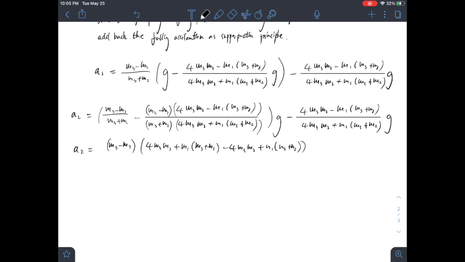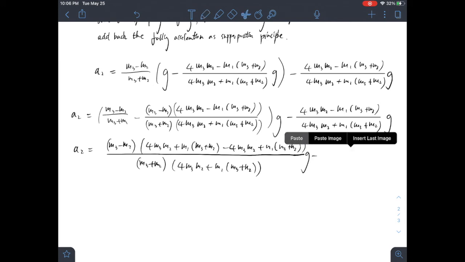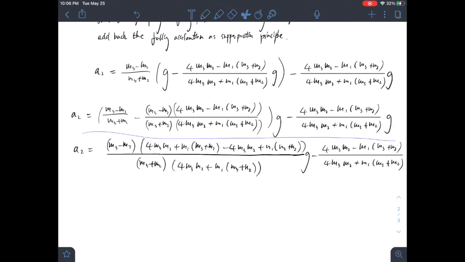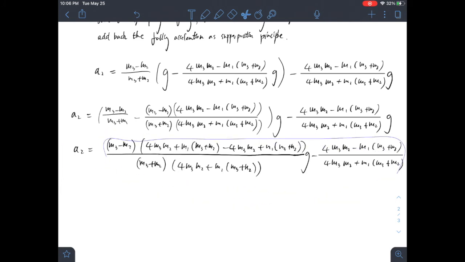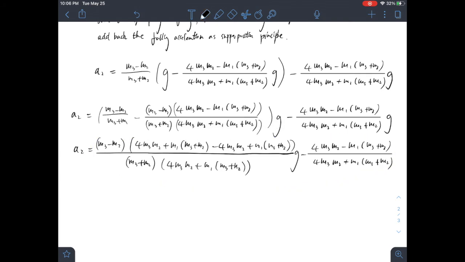So now we find this expression, and then we divide by (M3 plus M2) times (4M3M2 plus M1 times (M3 plus M2)) times G entirely. There's a G here, and then we just multiply this again. Let's move this to the right and put a G here.